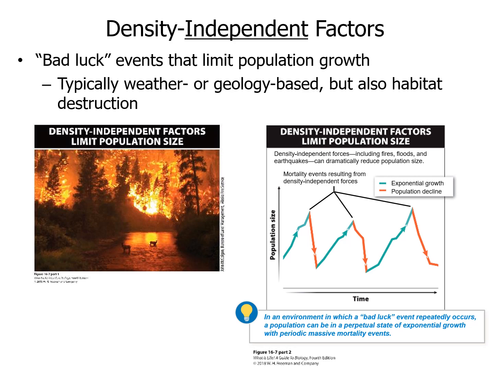And again, I really like this term bad luck events, but they are chance events like maybe a fire or a flood, maybe an earthquake, that will cause habitat destruction and death and limit the population size, but it's completely based on the weather and not on the population size. Very important.